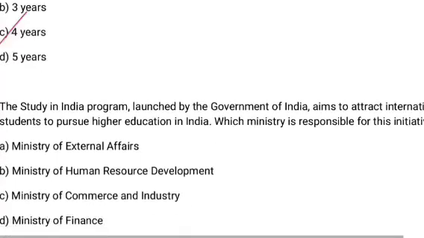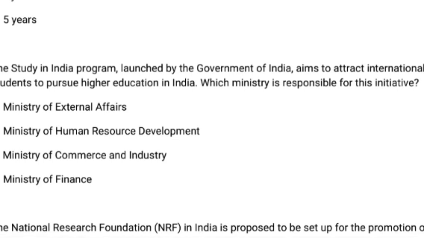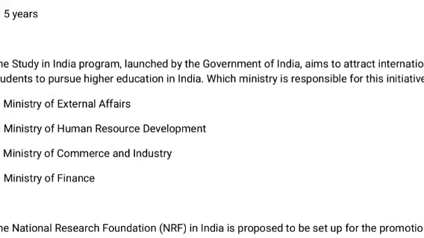Then the Study in India program, launched by the government of India, aims to attract international students to pursue higher education in India. Which ministry is responsible for this initiative? Ministry of External Affairs, Ministry of Human Resource Development, Ministry of Commerce and Industry, Ministry of Finance.